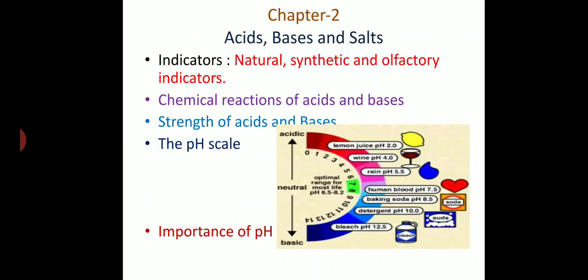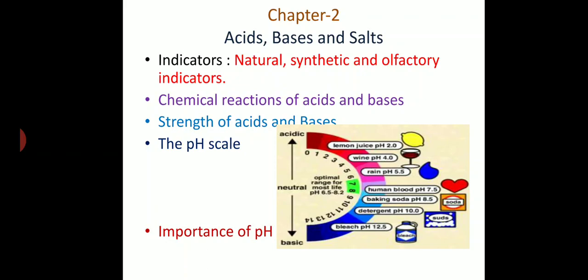So now how to identify whether the given substance is an acid or a base? In chemistry we use substances known as indicators. Indicators are chemical substances which show different characteristic colors with acid and base, right?